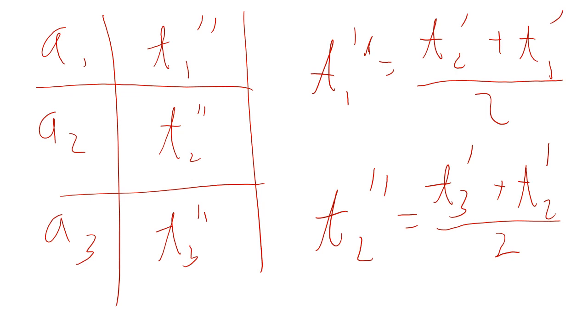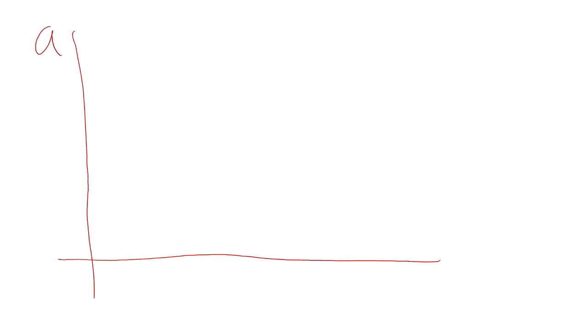So if you were to graph acceleration versus time, now the time is going to be the T double primes, and you'll get a graph that looks something like this, where you have the average accelerations.